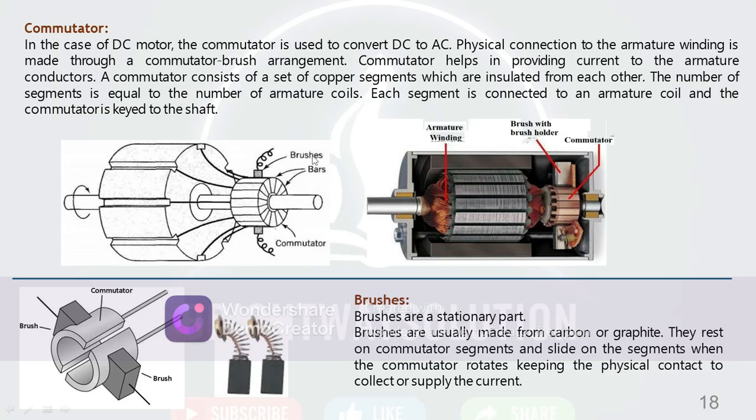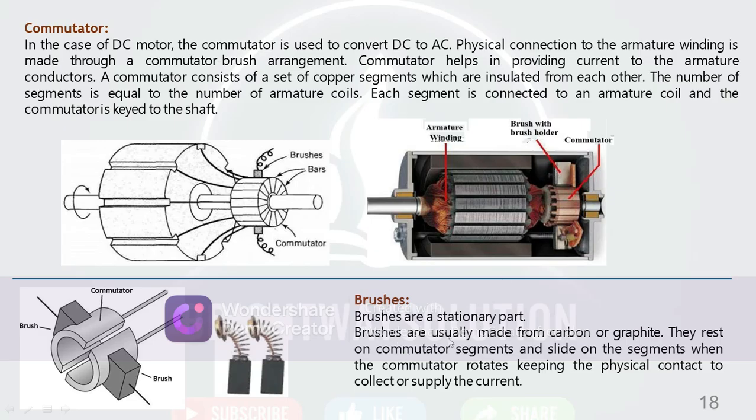Each segment of the commutator is connected to an armature coil, and the commutator is keyed to the shaft. There is a key joined to the shaft. Now the brushes. The brush assembly is a stationary part, and this is the brush holder.